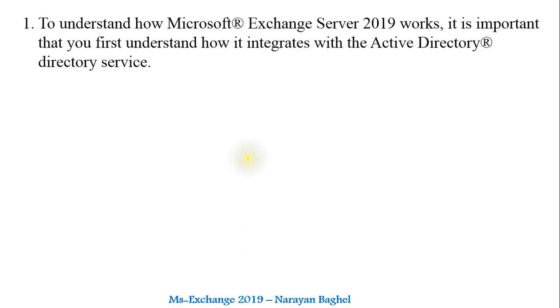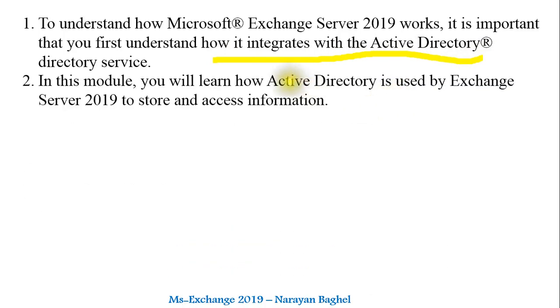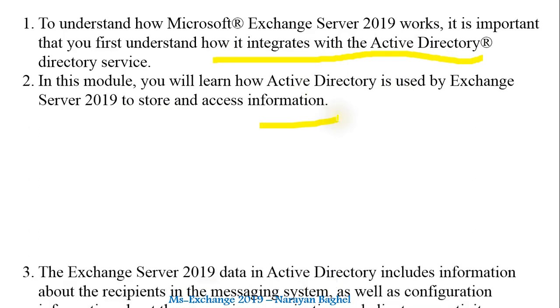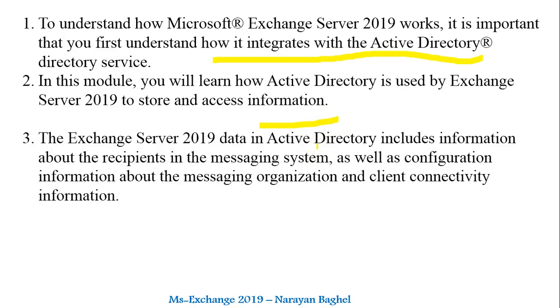So guys, first of all, to understand how Microsoft Exchange Server 2019 works, it is important to understand how it is integrated with Active Directory services. Very important. In this we will be learning what the relationship is between Active Directory and Exchange server.